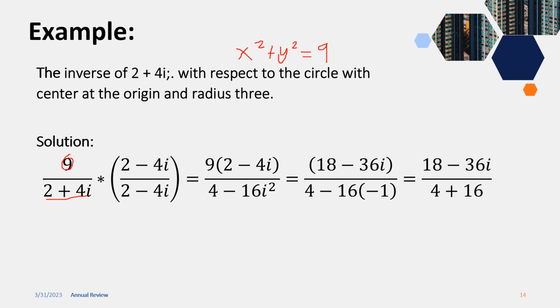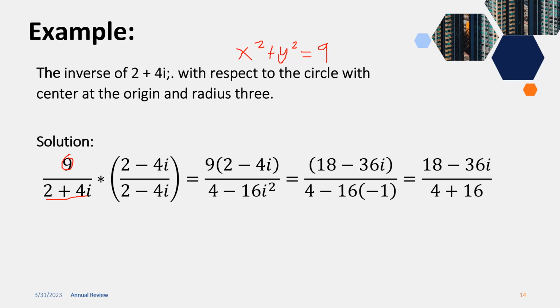If we simplify, we have 9 quantity of 2 minus 4i all over 4 minus 16i squared, which is equal to, let's distribute the 9, 18 minus 36i all over 4 minus 16i squared.